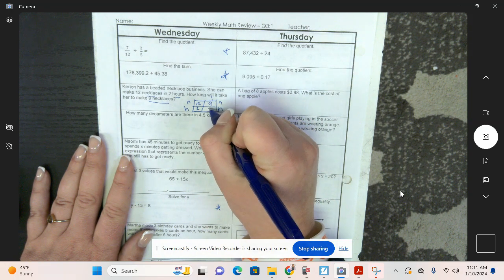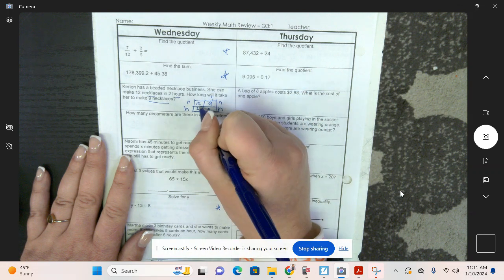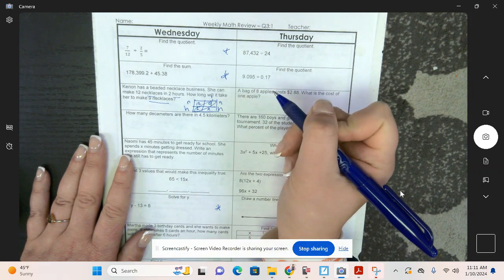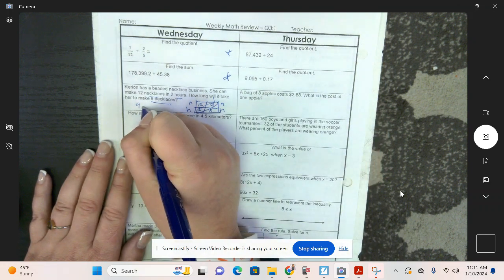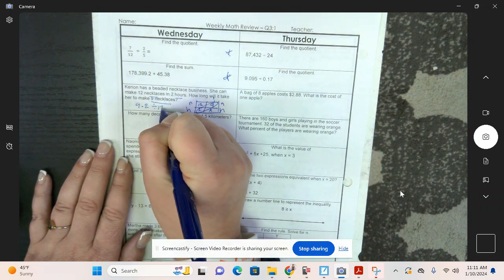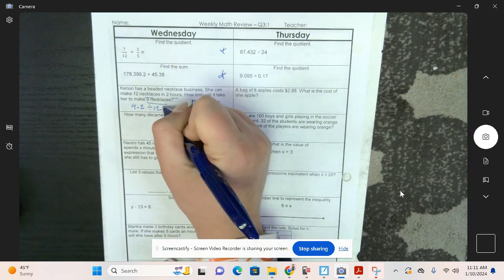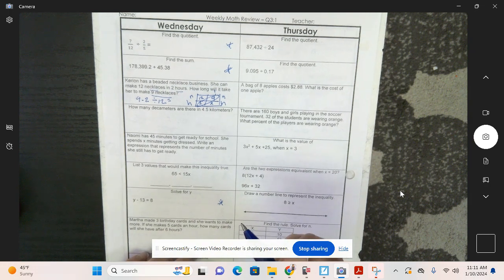We don't know how many hours, so we need to solve that. We cross multiply 9 times 2, and then divide it by 12. When you do that, it should give you your answer.